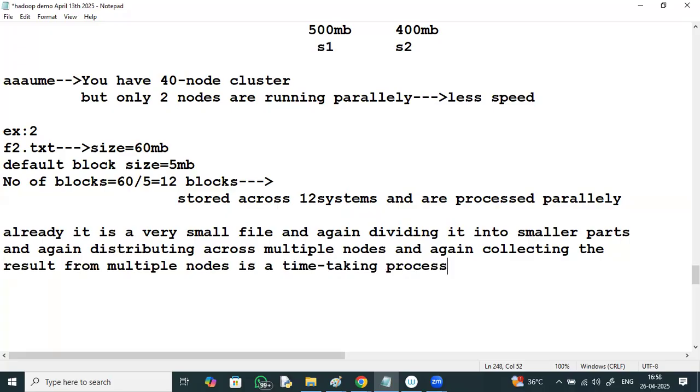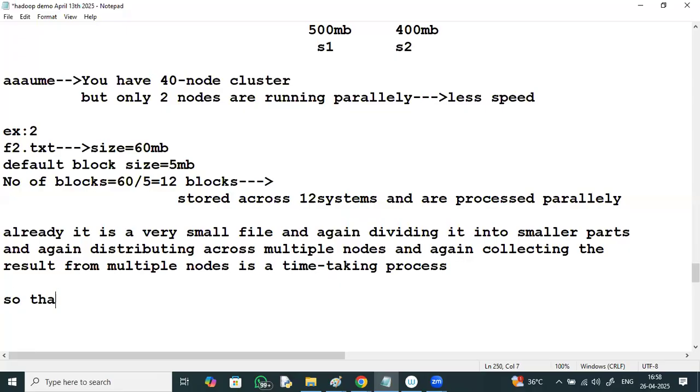Again, dividing it into smaller parts, again distributing across multiple nodes, and again collecting the result from multiple nodes, is a time-taking process. A small file, you are dividing into very, very small parts, again storing into multiple systems, and again collecting the result from these multiple systems, is a time-taking process.